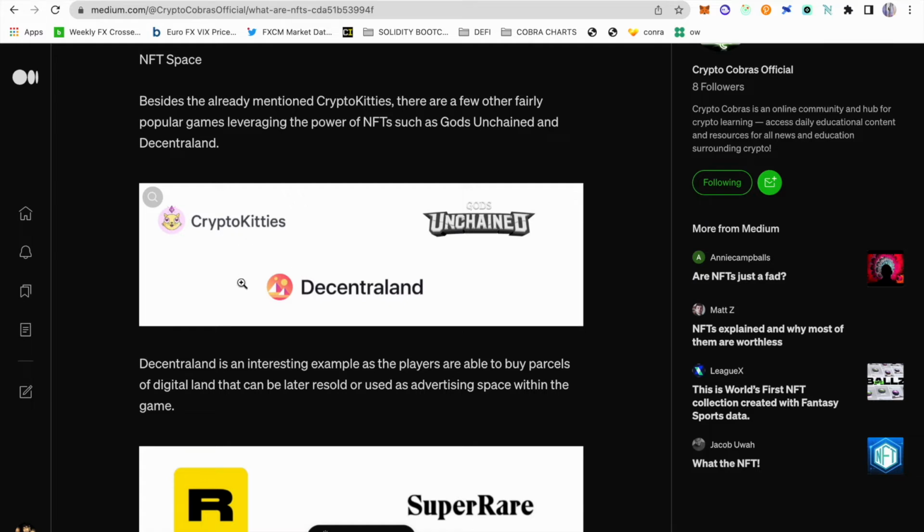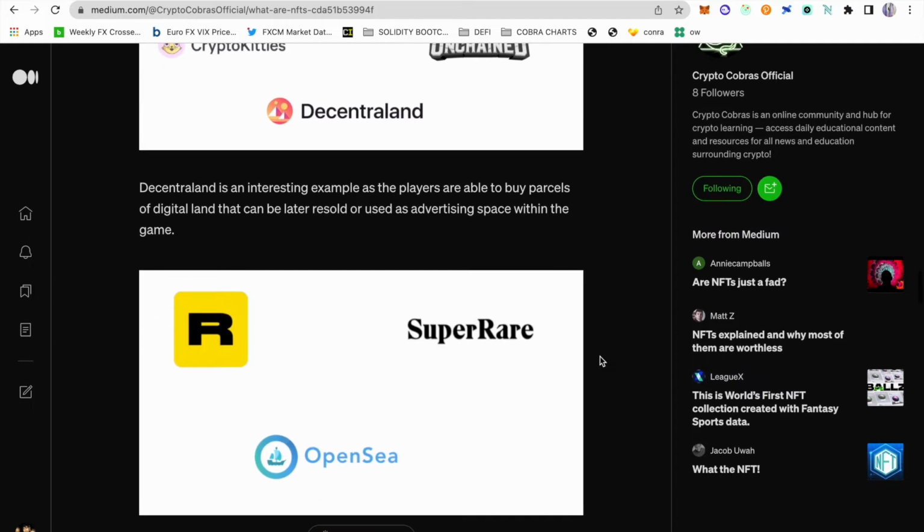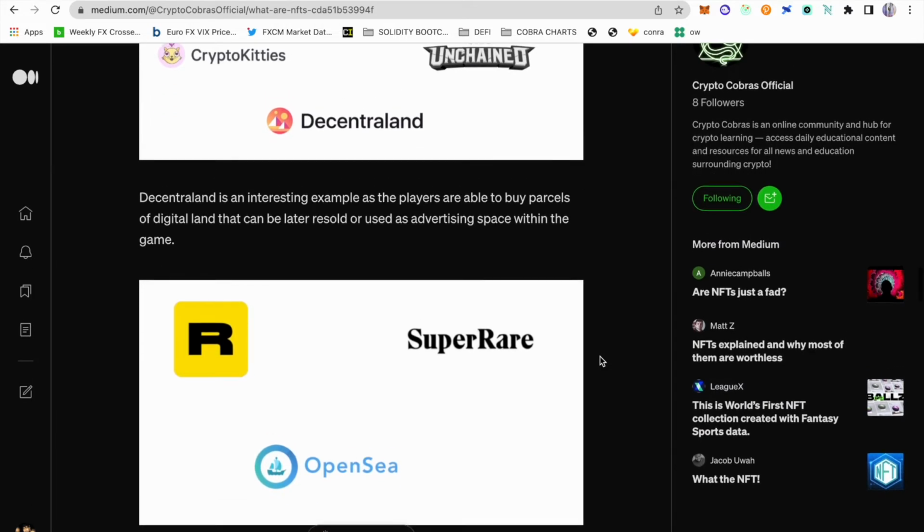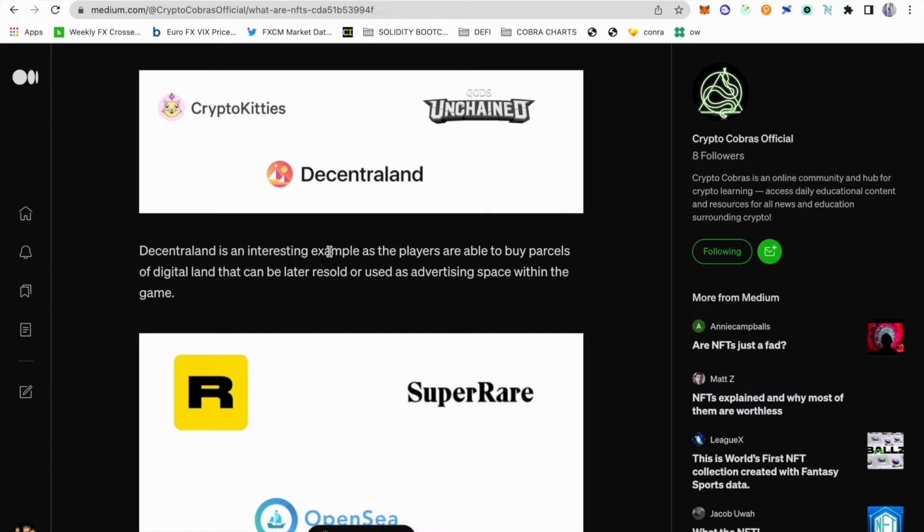And then we have Decentraland, which is a big use case, big utility. It's a whole metaverse of possibilities. So these are a few different projects. Decentraland is an interesting example, as players are able to buy parcels of digital land that can later be resold or used as advertising space within the game.